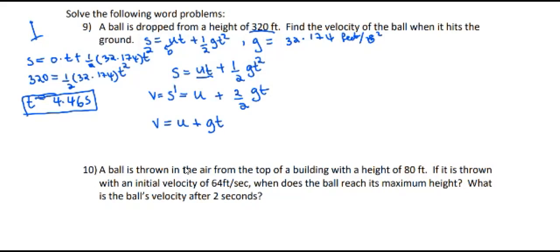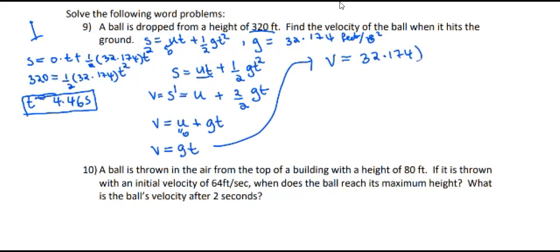Since we know that u is 0, because this object starts at rest, we just have that v is going to be g times t. Here g is 32.174, and we multiply that by t, the amount of time it takes for the ball to drop and hit the ground, which is 4.46 seconds.